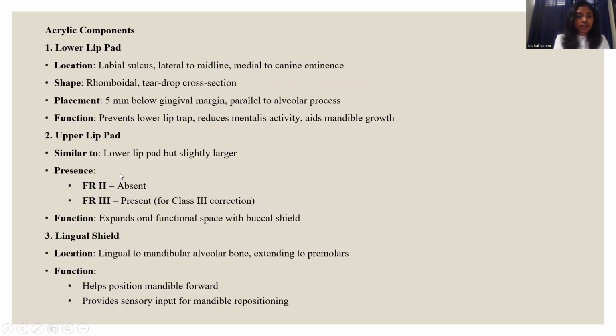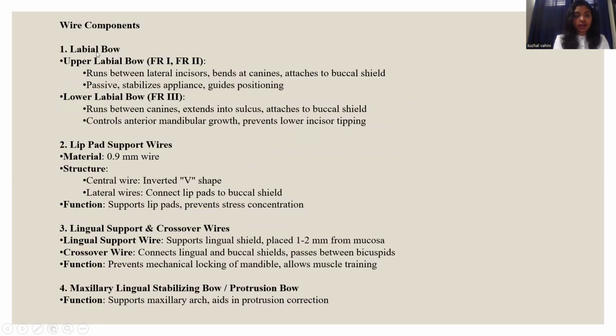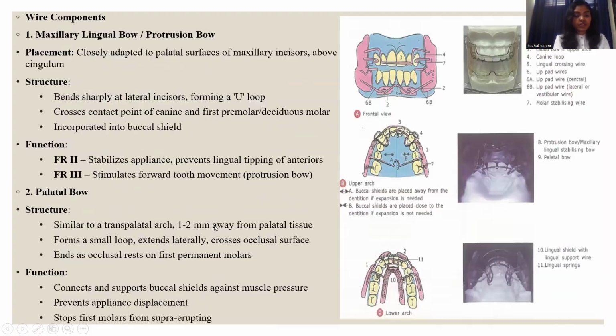The upper lip pads are present in Frankel 2 and Frankel 3, whereas they are absent in Frankel 1. Then we have the wire components. We have the upper labial bow in Frankel 1 and 2, and the lower labial bow only in Frankel 3. Then these are the various wire components: lingual bow, labial bow, crossover bow, palatal bow.